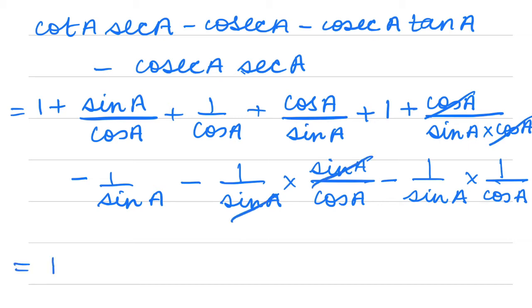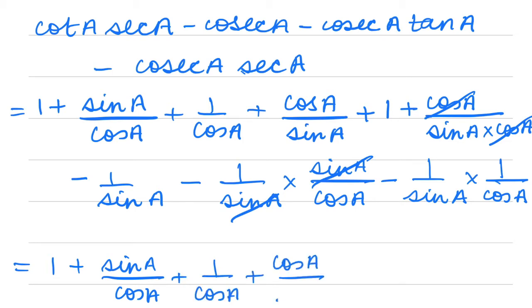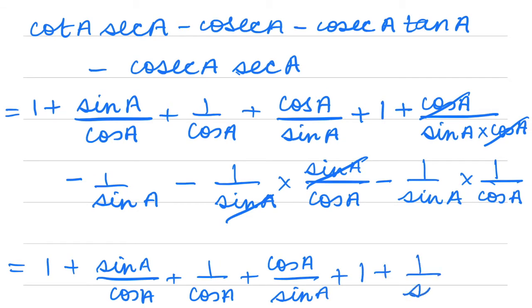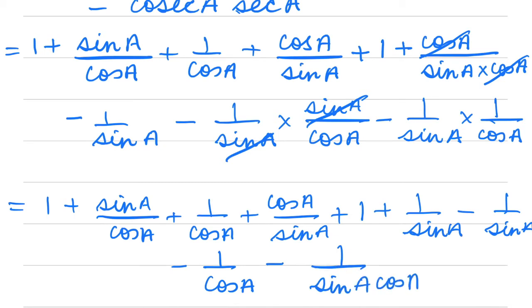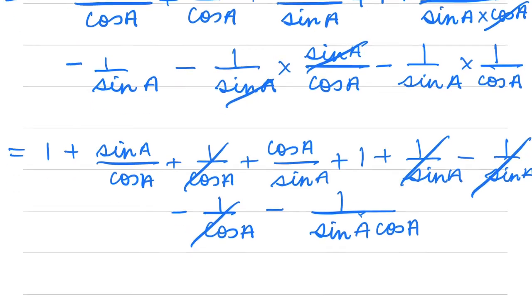Now we have 1 plus sine A by cos A plus 1 by cos A plus cos A by sine A plus 1 plus 1 by sine A minus 1 by sine A minus 1 by cos A minus 1 by sine A cos A. Now plus 1 by cos A minus 1 by cos A gets cancelled, and plus 1 by sine A minus 1 by sine A gets cancelled.